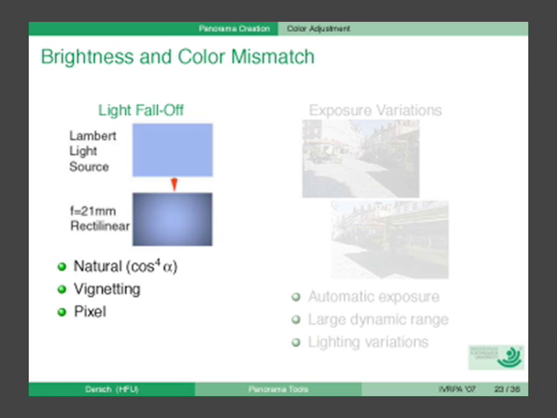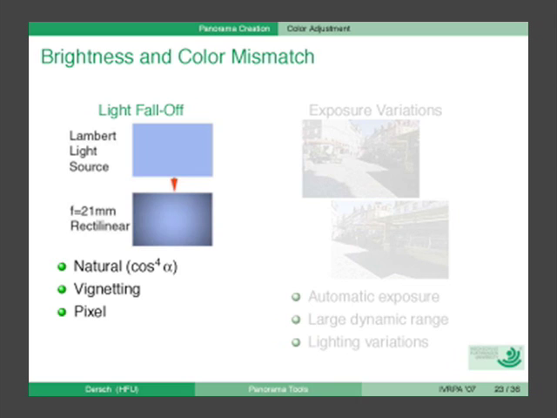There are 2 main sources for color mismatch. The first one is radial light fall-off. A uniform diffuse reflecting surface, a so-called Lambert light source, appears uniformly bright in each direction. A rectilinear lens captures less light at large angles, therefore the image appears darker in the corners.